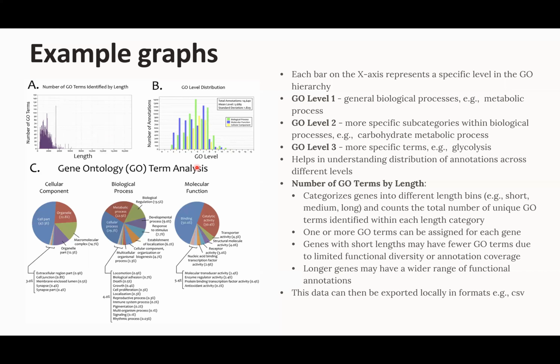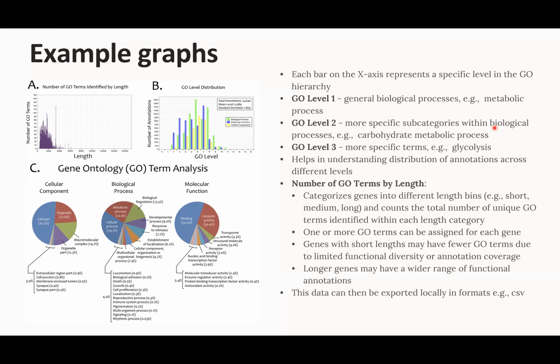The GO level can be 3. The first level is usually the general biological process, and the second level is the more specific subcategories. So first, we just start by generalizing. For example, this is a metabolic process. We don't say which metabolic process. Then at the second level, we go into a bit more detail.